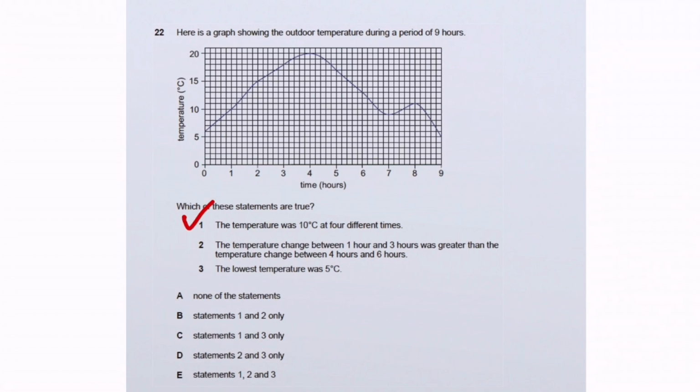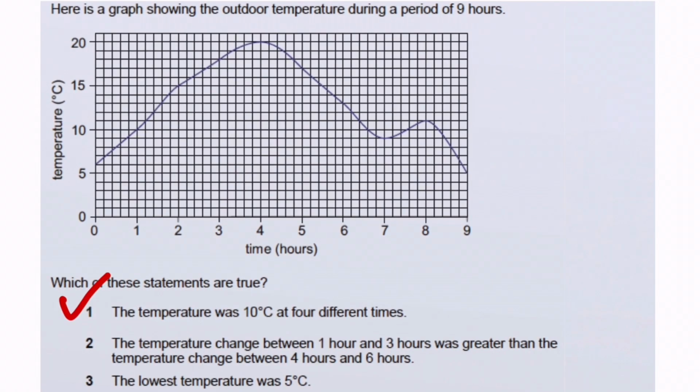Number 2, the temperature change between 1 hour and 3 hours was greater than the temperature change between 4 hours and 6 hours. Well, if we look at the change, in the first hour it was 10, and then in hour 3, it was 18. So for statement 2, 18 minus 10 is 8.